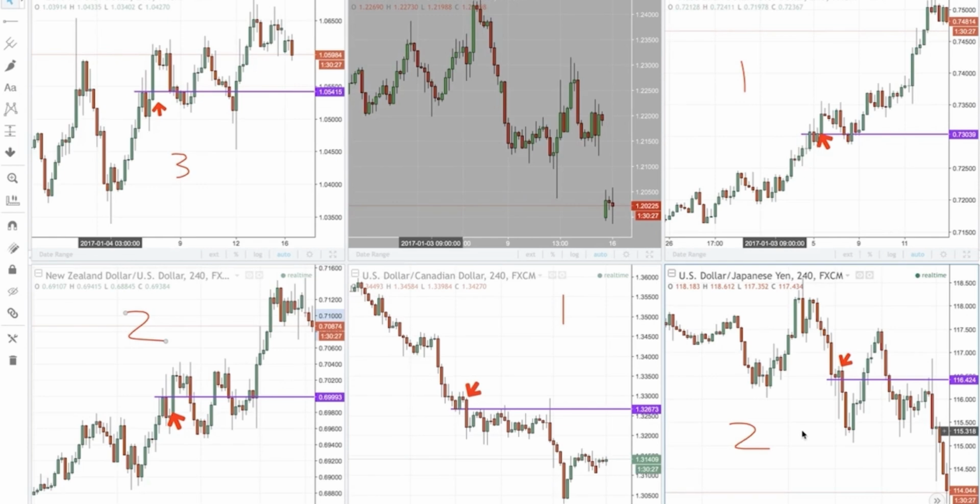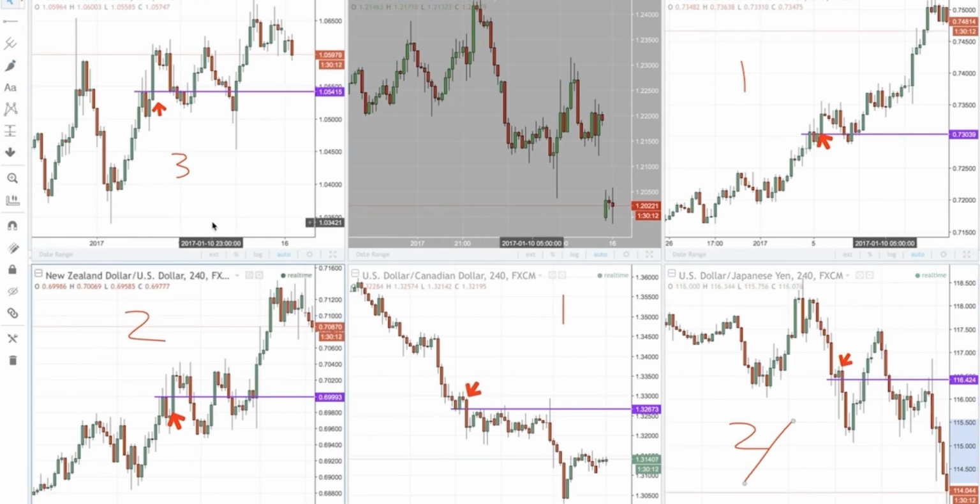There's a problem there, so we want to keep that in mind. Maybe I should stay away from this one because they're going to fight. Maybe that's why it's going into a channel. New Zealand USD, so you want to make sure you check all these to make sure there is no counterbalance, no opposite party saying, no, I don't want to do this.